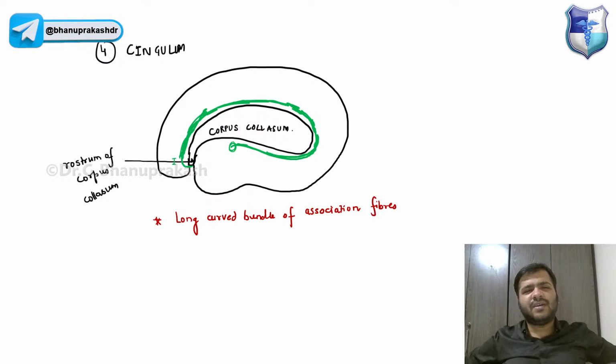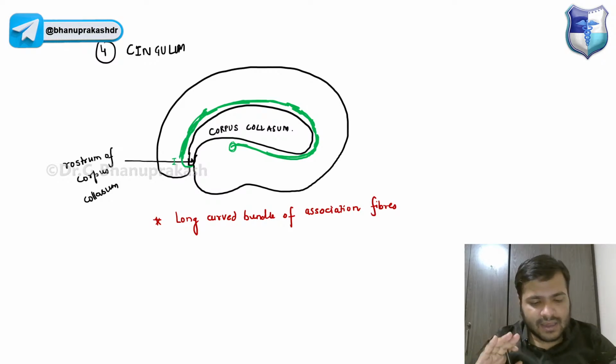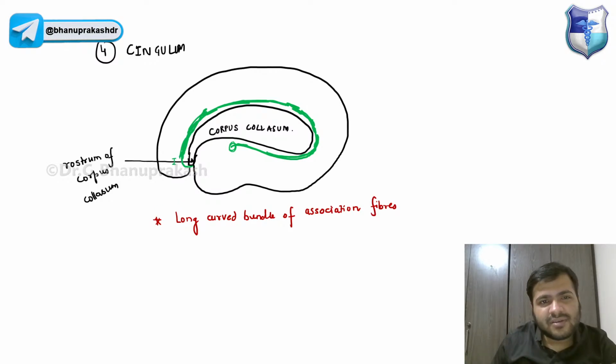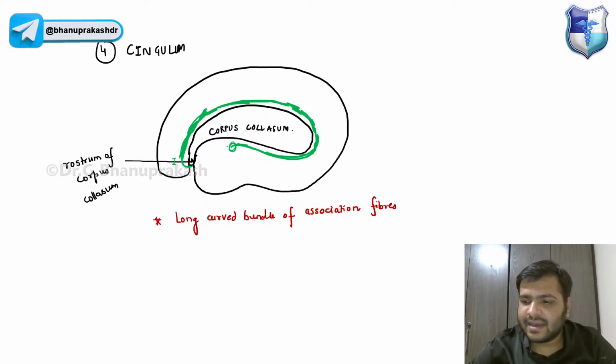So it begins from the rostrum and comes into the cingulate gyrus, then curves around the isthmus, comes to the hippocampal gyrus part, and then to the uncus. That is the ending point.